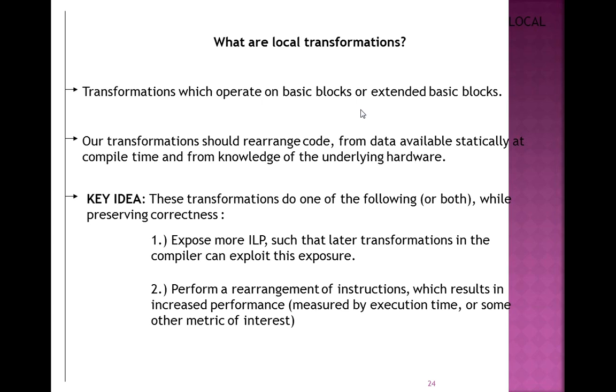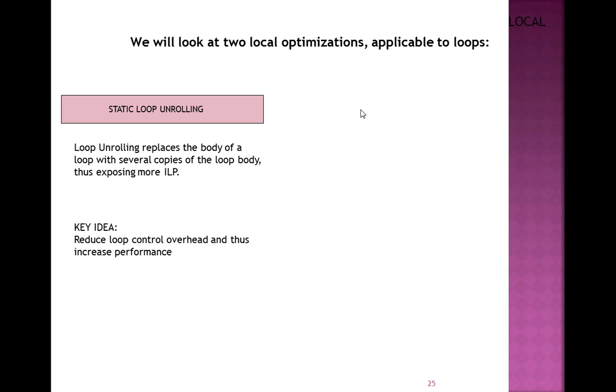Or perform a rearrangement of instructions which results in increased performance, measured by execution time or some other metric of interest. So a local transformation operates on the inner loop or the basic block or extended basic block, and is used to rearrange the code from the data at compile time and from knowledge of the underlying hardware.